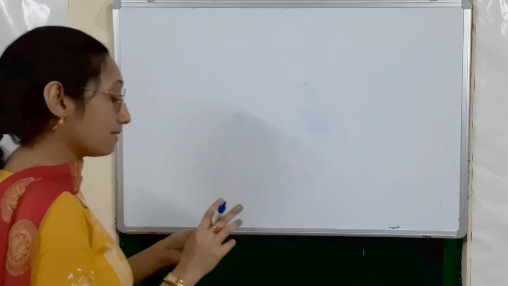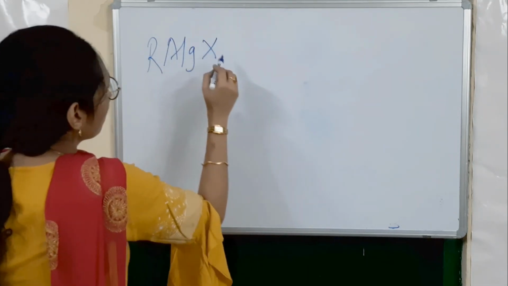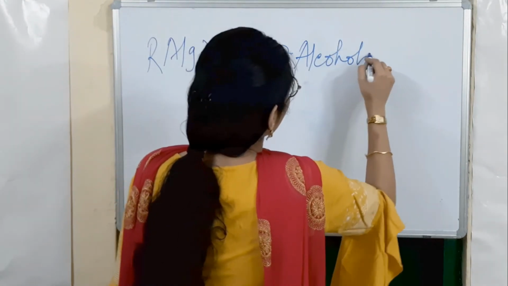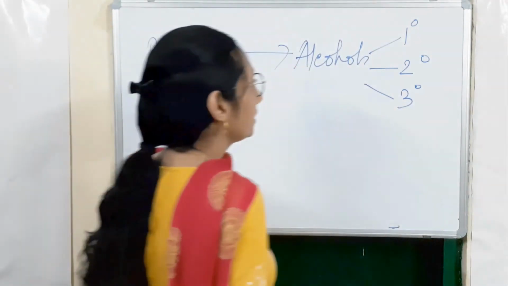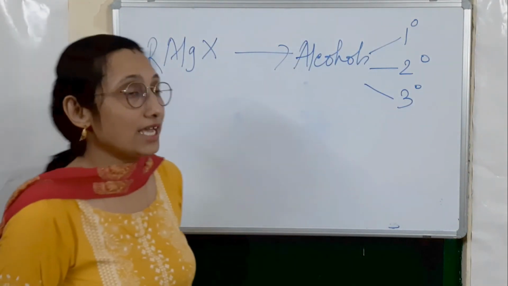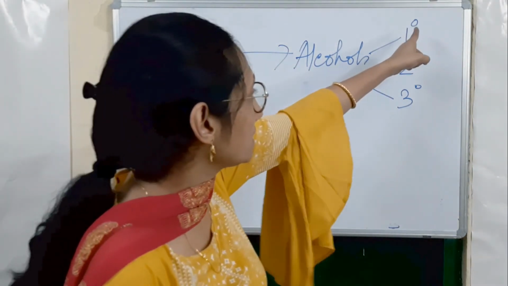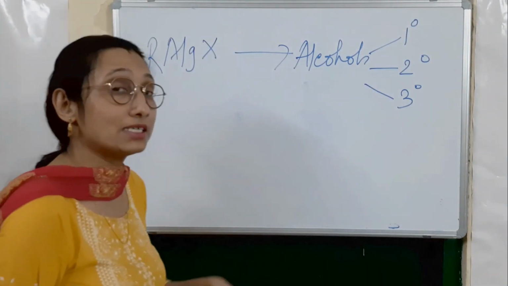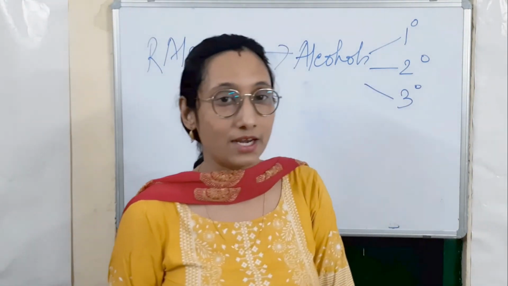So we have learned some synthetic uses of Grignard reagent. We have prepared alcohols from Grignard reagent: 1 degree, 2 degree, 3 degree. So RMgX plus formaldehyde or oxirane will give us 1 degree alcohol. Now this Grignard reagent plus an aldehyde other than formaldehyde will give us 2 degree alcohol.